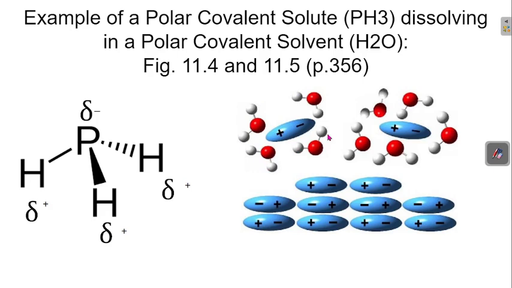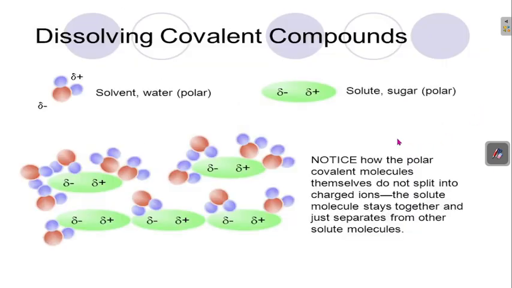Okay, so you need to be able to explain these. Another example is sugar water. Sugar is also a polar covalent molecule, and it will do the same thing. The side of the molecule that's negative is surrounded by the positive of the water. The negative side of the water will surround the positive side of that sugar.